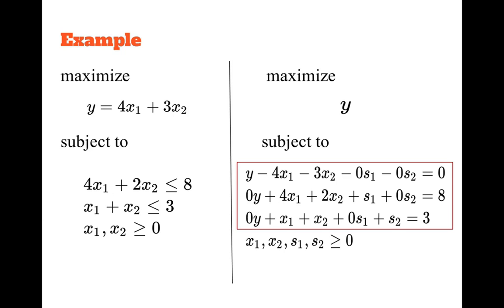Firstly, we need to transform the general form of the optimization problem into a standard form. It is the following that I wrote in the slide. You can see that.